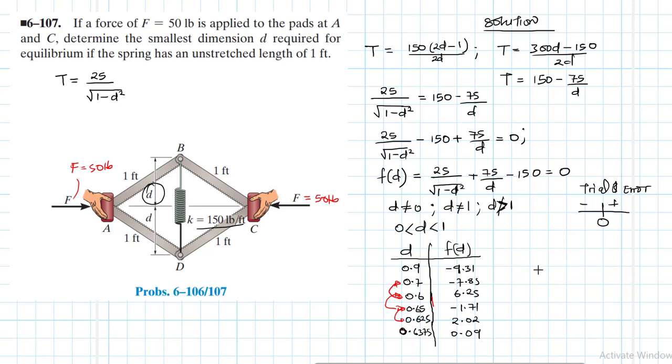We'll say our D is approximately equal to 0.6375. You can go on refining this solution if you want to, but this is not bad.